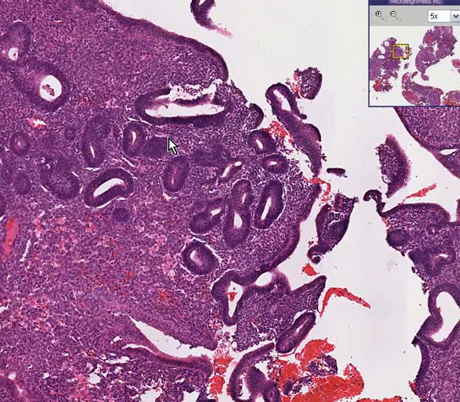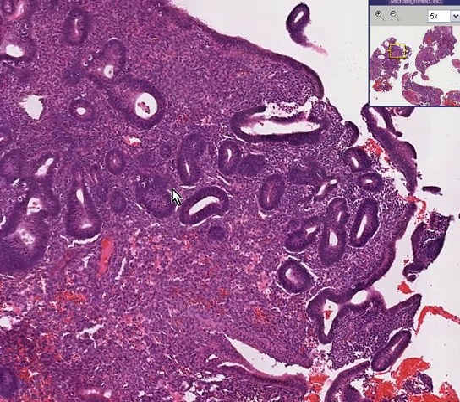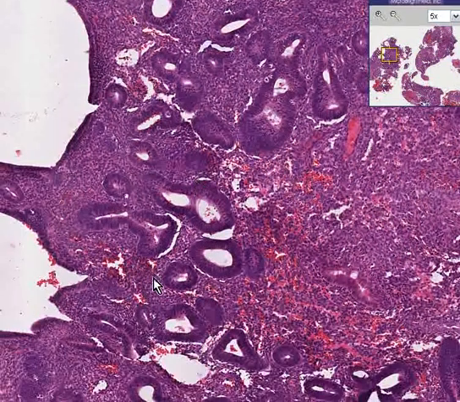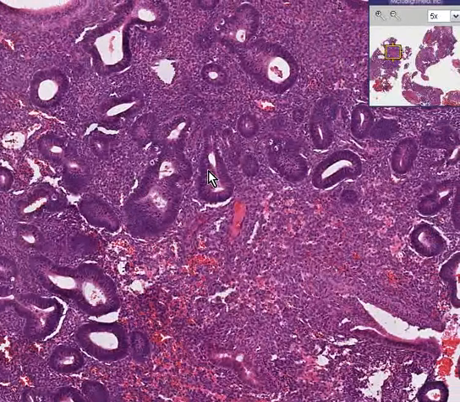Is hyperplasia a malignant process? No. Is it a premalignant process? Actually, no. But prolonged hyperplasia in the presence of other carcinogenic influences would tend to predispose towards carcinoma or adenocarcinoma of the endometrium.